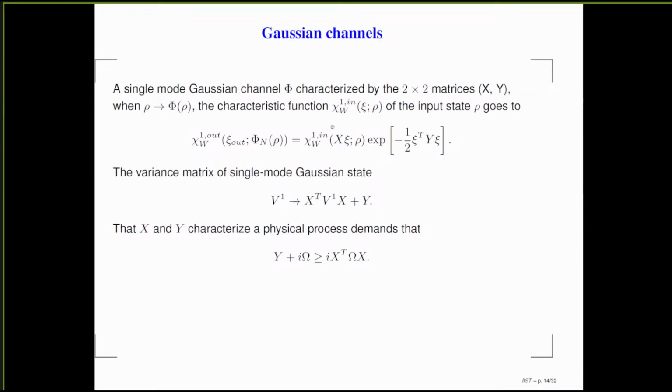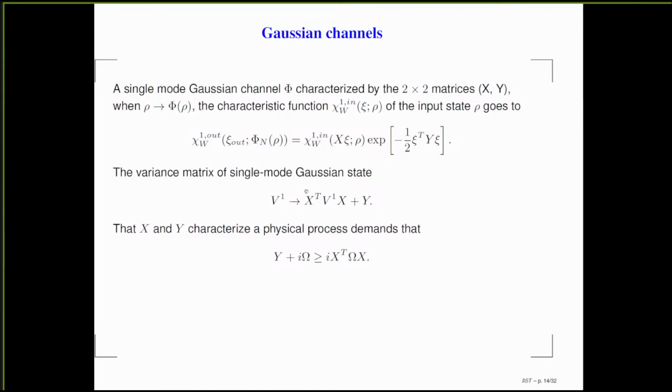And now going on to Gaussian channels. Basically, Gaussian channels are physical processes that map Gaussian states to Gaussian states. In other words, if you have a characteristic function, say of a one-mode Gaussian state, and you pass the state through phi of rho, phi being a channel, then for a Gaussian channel the characteristic function undergoes this transformation.